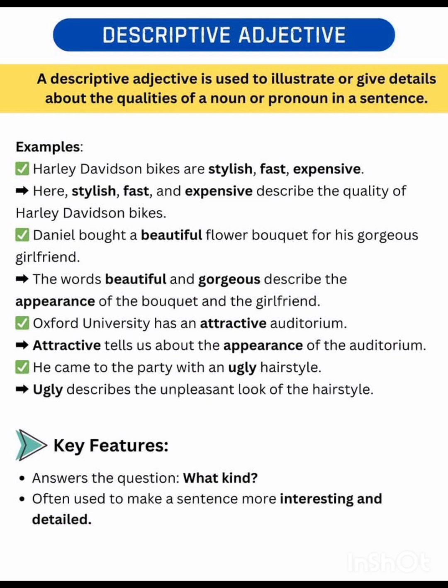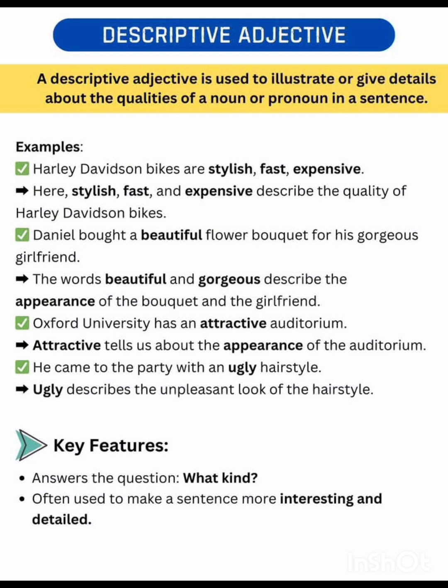So, Daniel bought a beautiful flower bouquet for his gorgeous girlfriend. So again, beautiful is defining a flower, a common noun, and girlfriend is also a common noun, I would say a feminine noun, gender.